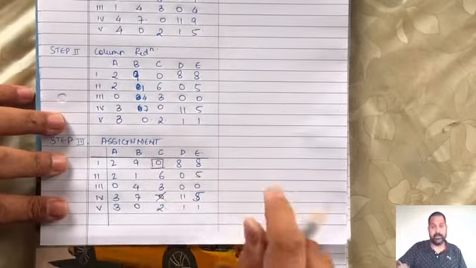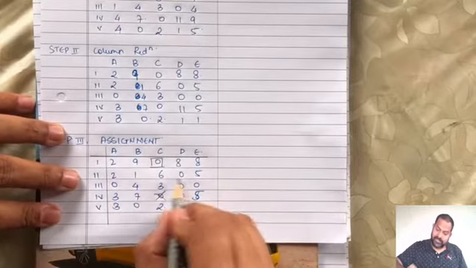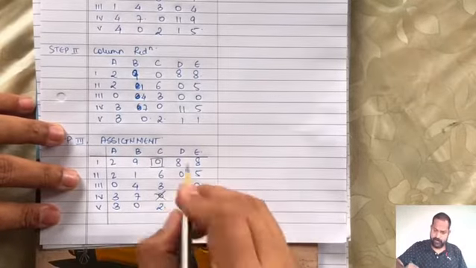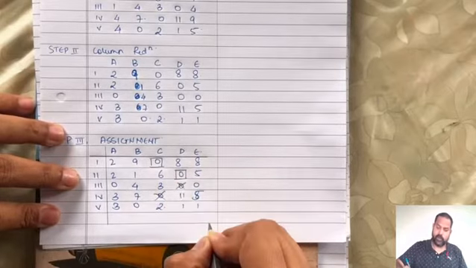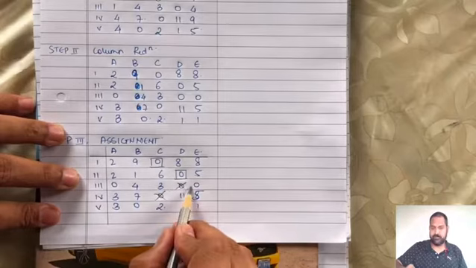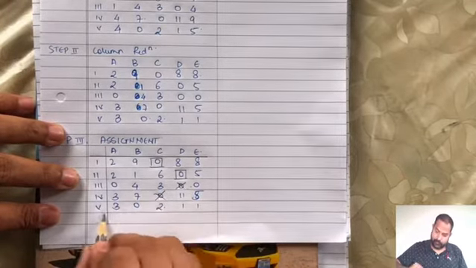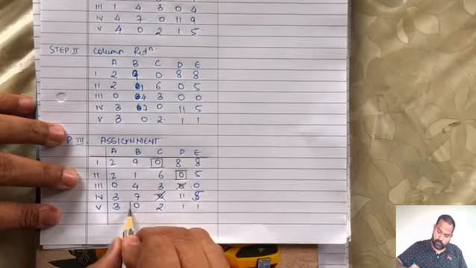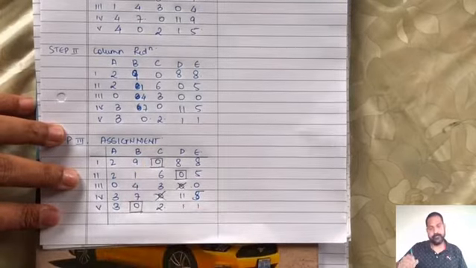Cancel all zeros in that column. Row wise, exactly 1 zero. Fantastic. Mark it as an assignment. Cancel every other zero in that column. Row wise, 2 zeros. Can't do anything. Row wise, 1 zero already cancelled. Row wise, 1 zero. Mark it as an assignment. Cancel everything in that column.